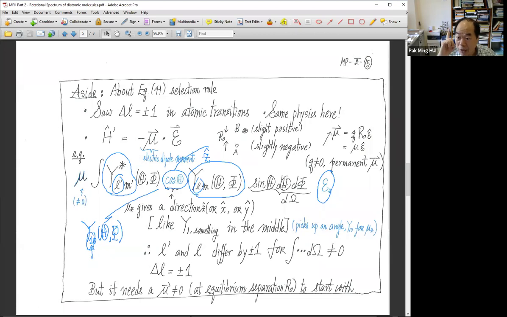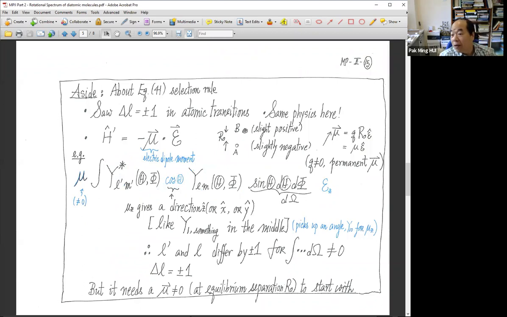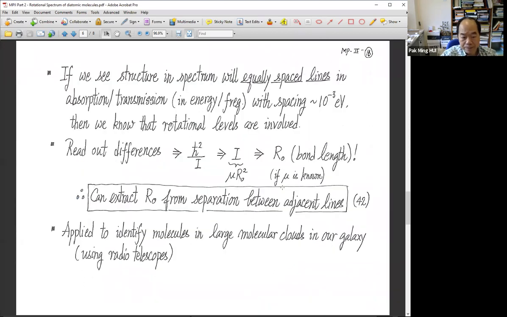Okay, and that is how the selection rule really comes from. The same argument works even if you have not Z in the middle, but the X and Y components in the middle. I think you might have used this in the earlier atomic physics selection rule discussion. So these are the selection rules.